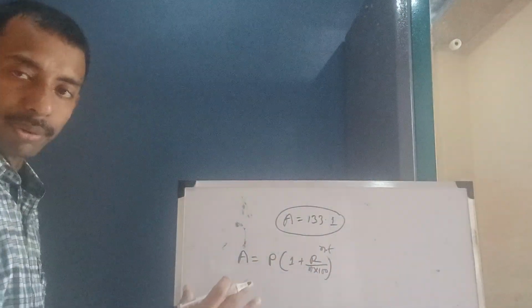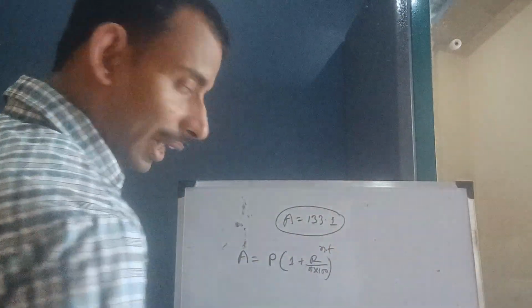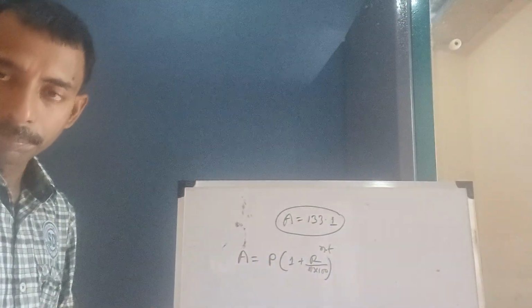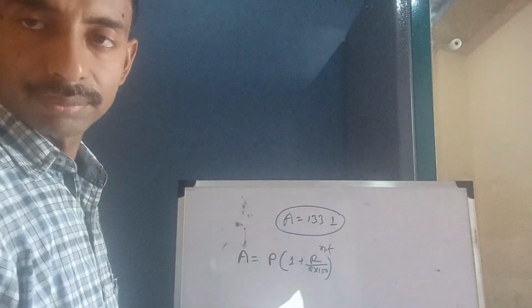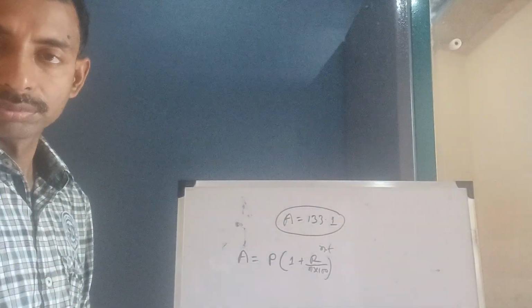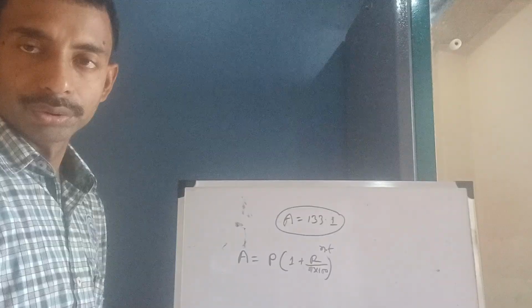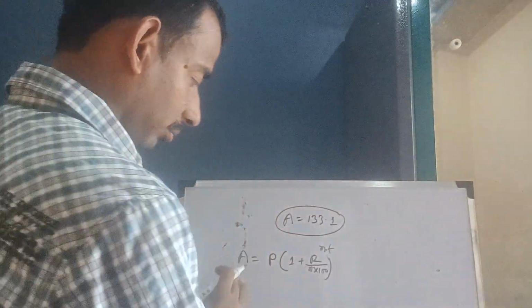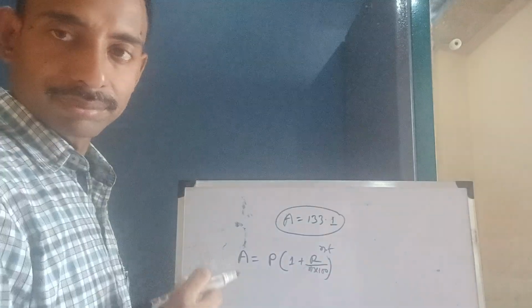Accumulated amount means after the end of a certain period, the amount you would get as return. This is the accumulated amount. After investing 100 rupees, you would get the total return, not only interest, but total return.